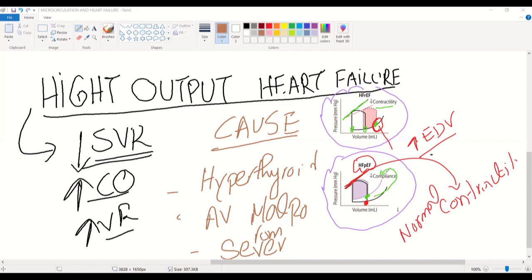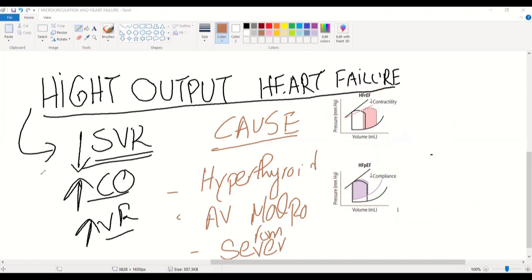Can you go over that, please? Okay, one more time. This is the normal end diastolic volume, and this is the normal end diastolic pressure as well.